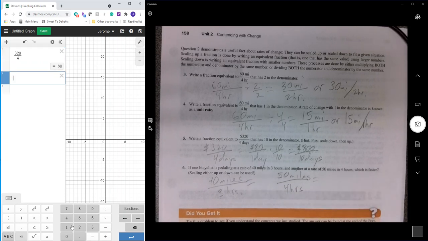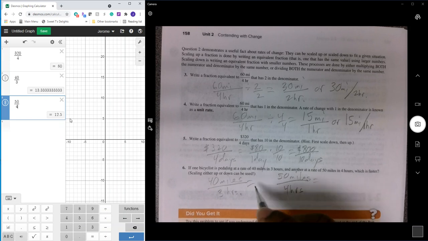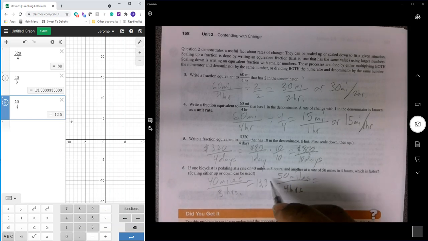So we could do it like this. We could take 40 divided by 3, and then we could take 50 divided by 4. And you notice here that 40 divided by 3 is equivalent to 13.3 miles per 1 hour.